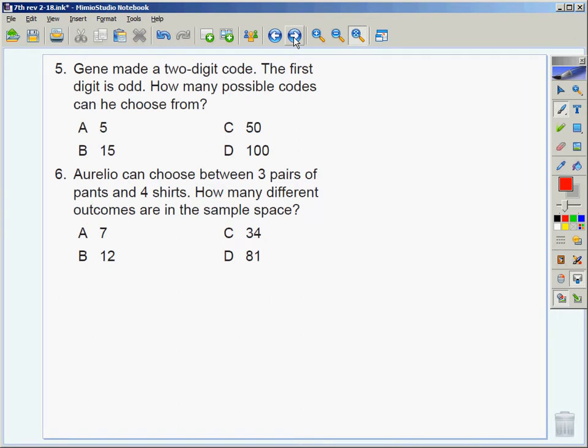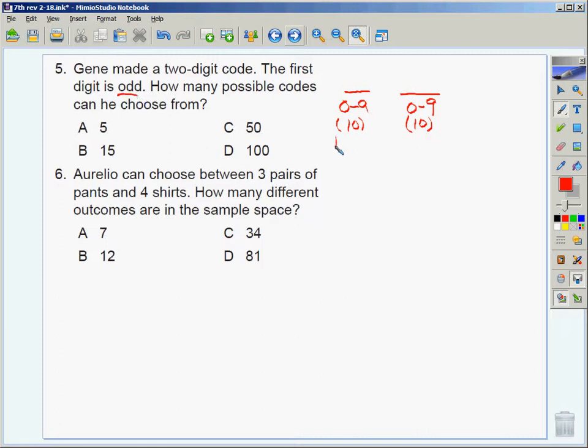Gene made a 2-digit code. The first digit is odd, and the second digit could be anything. So there's the numbers 0 through 9. In other words, there would be 10 possibilities. The only thing is on the first one it says that it had to be an odd number.